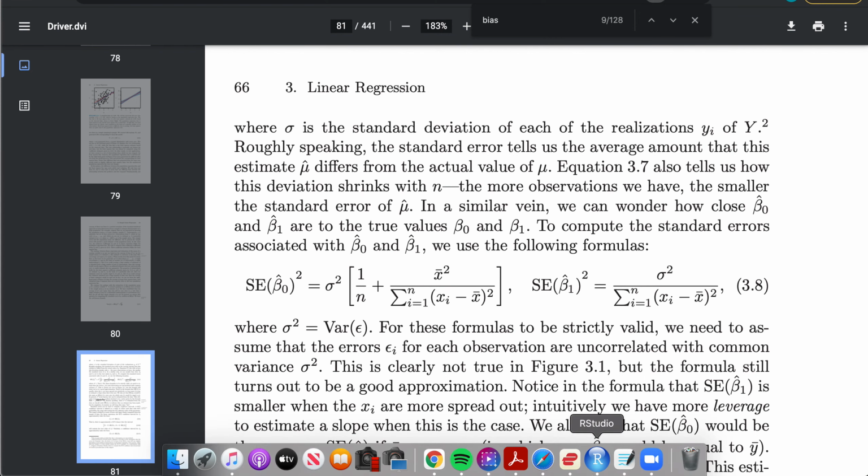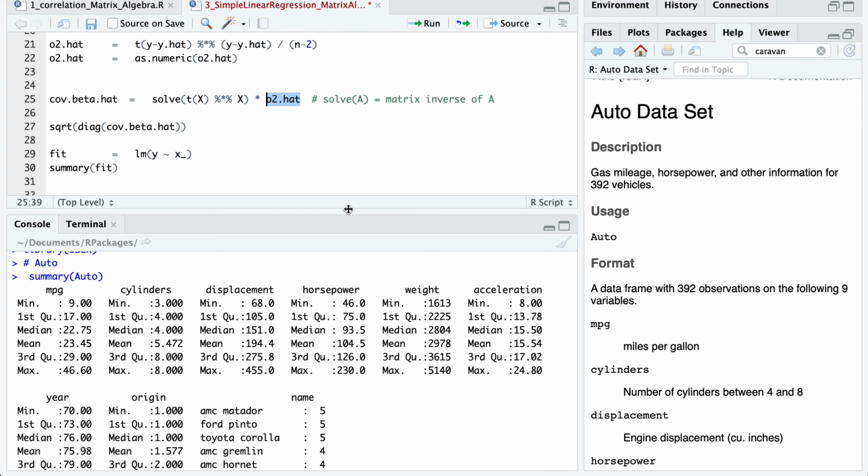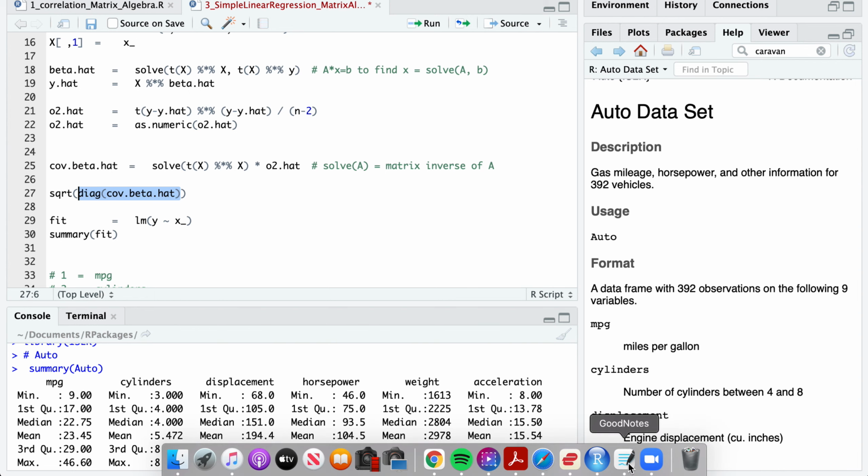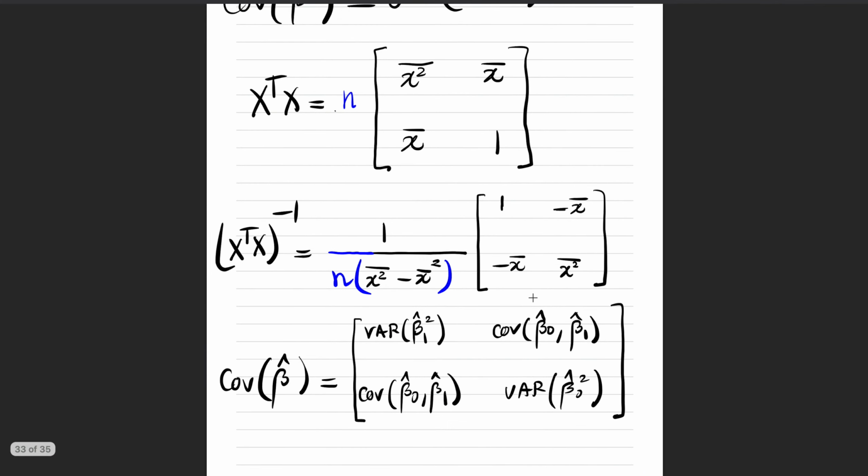Okay, now let's go to R and see. In R, this is how we calculate the covariance, and then we take the diagonal elements to get the variance terms. The diagonal elements of the covariance are the variance of beta 1. Sorry, this shouldn't be a square. When you have variance, there shouldn't be a square.